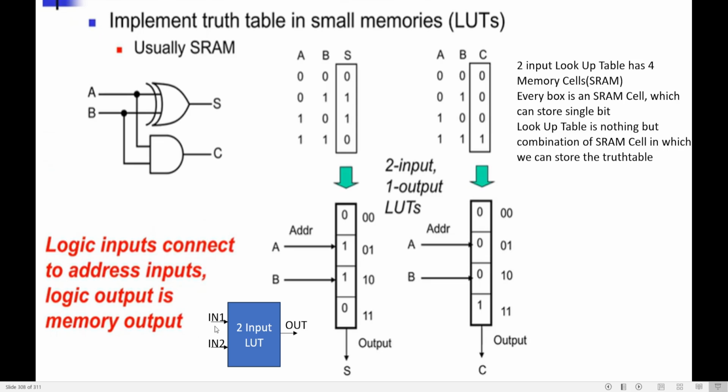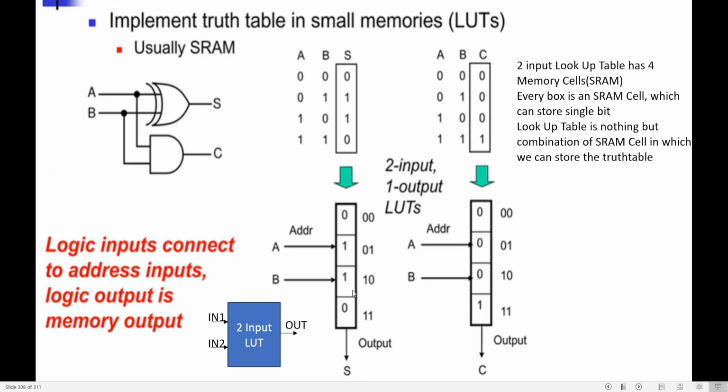I said it is 2 input, 1 output. The logic inputs A and B are connected to what? The address lines. A and B are connected to the address lines. The logic output, what is the logic output here? The logic output is sum.